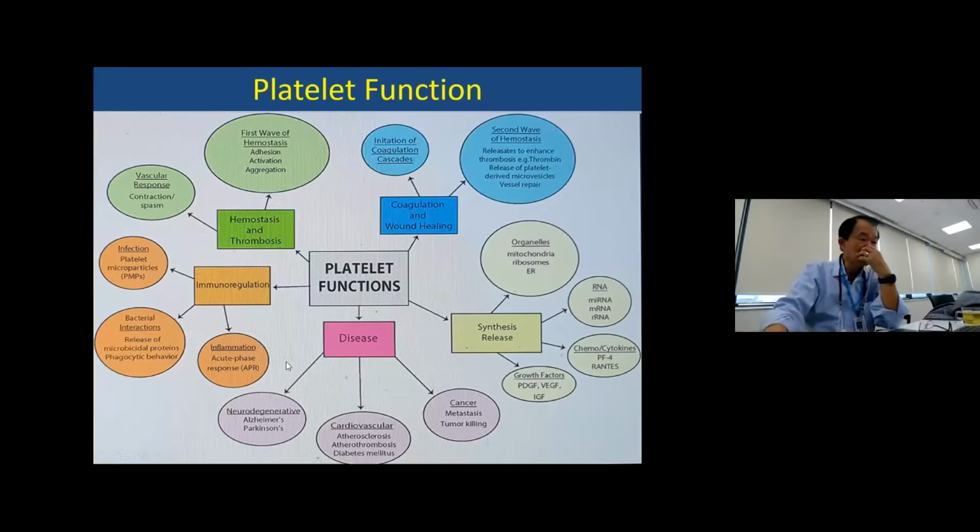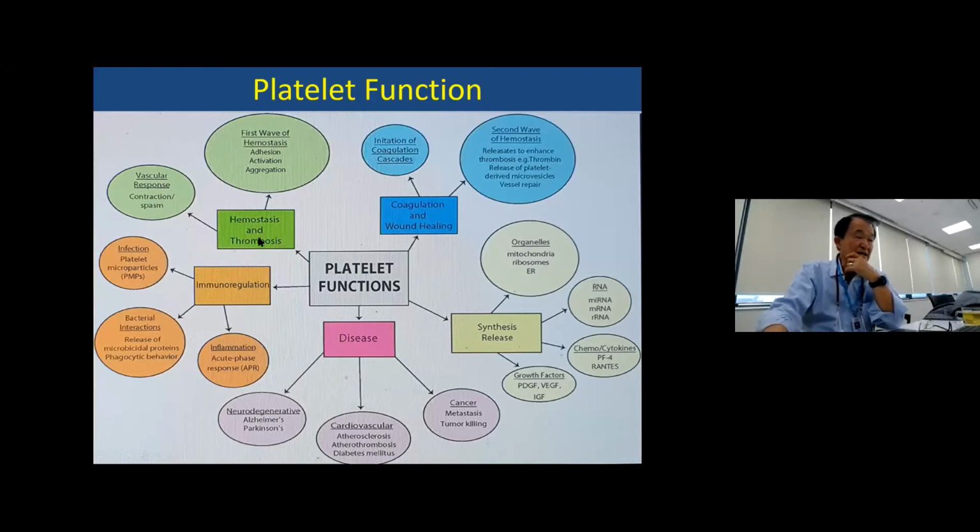And then it also involves immunoregulation, particularly infection, inflammation, and certain microbicidal proteins. I will talk more about this in next week's lecture.